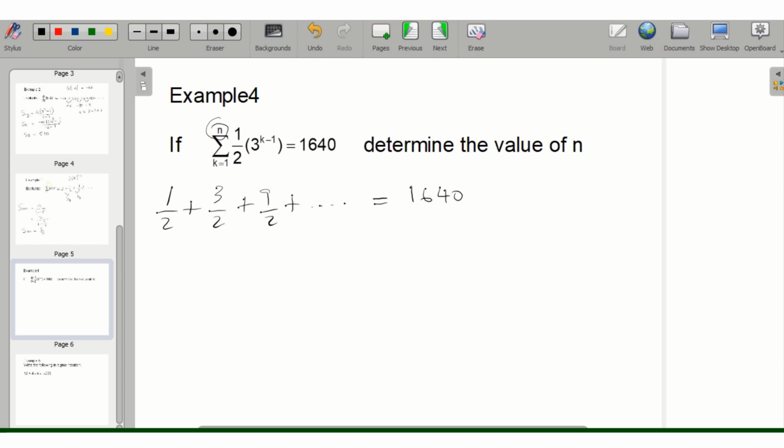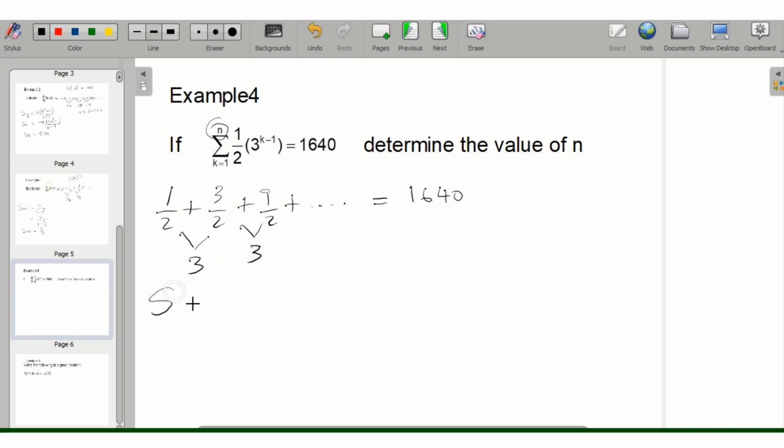Now, we can then try and see whether we have a common difference or a common ratio. And in fact, we have a common ratio because if you say 3 over 2 divided by 1 over 2, you'll get 3. And if you say 9 over 2 divided by 3 over 2, you'll also get 3.